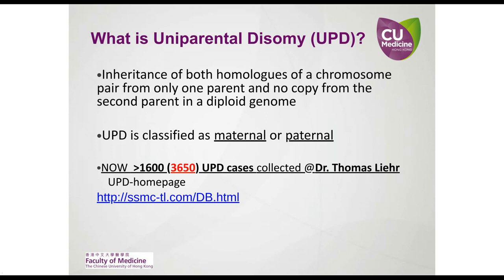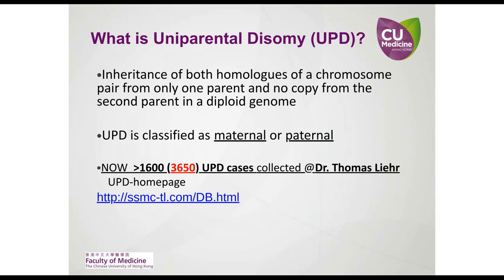As I mentioned, the reason we also need SNPs in our chip design is that uniparental disomy is important. Uniparental disomy, UPD, means inheritance of both homologs of a chromosome pair from only one parent, with no copy from the second parent in a diploid genome. It could be of maternal or paternal origin.